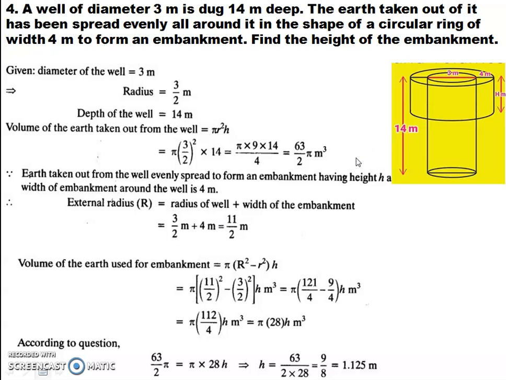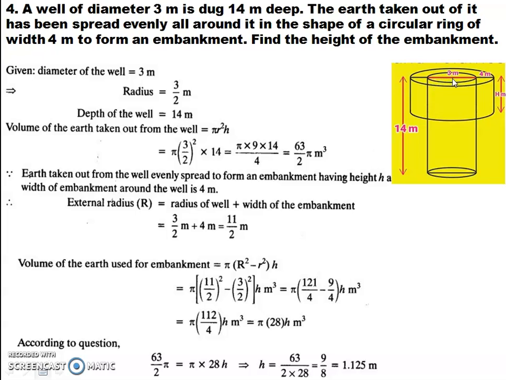So, you can see the figure here. This is the well and the height of the well is 14 meter. This diameter of the cylinder is 3 meter. So, radius half of diameter, 3 by 2. Now, what about the circular ring?